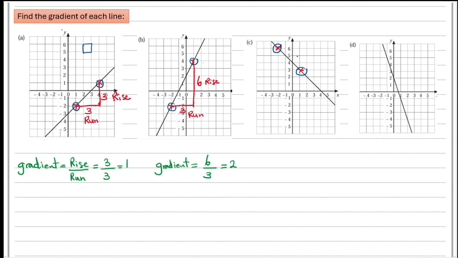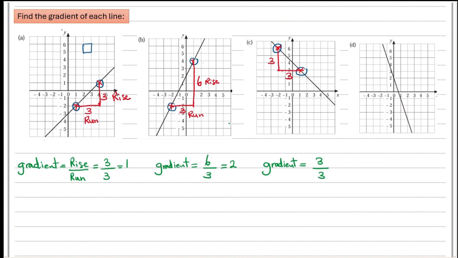Once we've selected our points, we make a right angle triangle. We measure the height, which is the rise, so it's 1, 2, 3, and we measure the run, which is again 1, 2, 3. So the gradient is going to be rise, which is 3, over run, which is 3 as well.